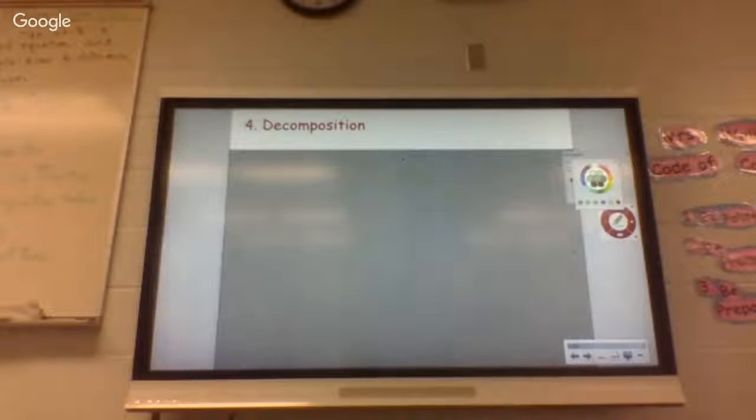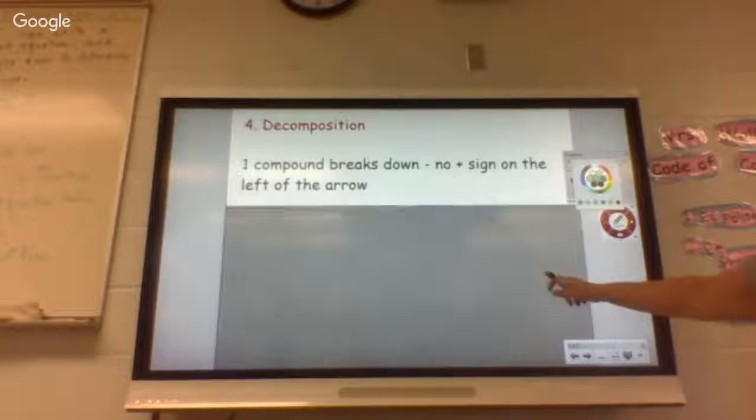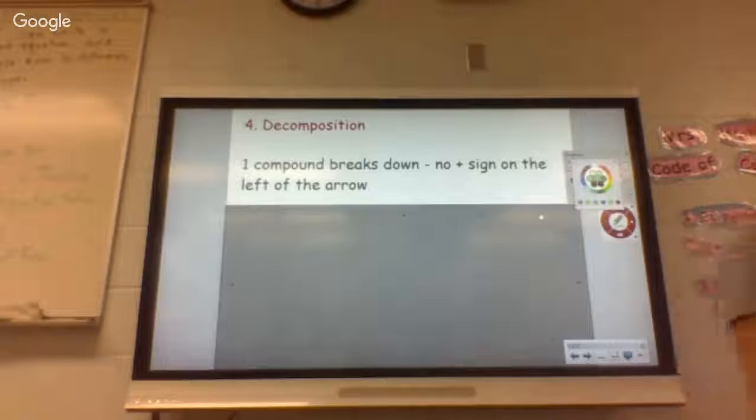All right, so decomposition is the opposite, or the inverse. If synthesis forms something, what would decomposition be? It destroys it, or breaks it apart. So decomposition is one compound breaking down. Here, there's no plus sign on the left side of the arrow.